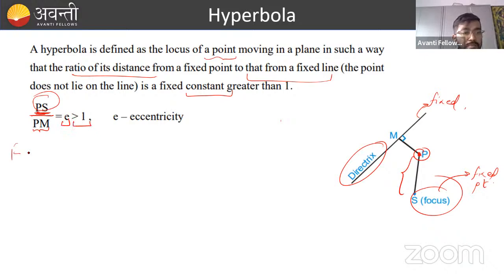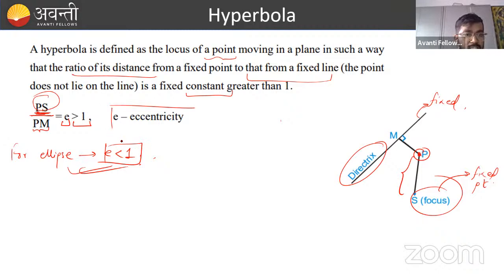So for ellipse, if you remember, eccentricity used to come, and eccentricity was always less than 1, correct? I think you guys know the meaning of eccentricity now.